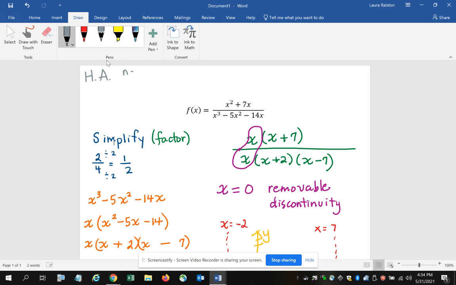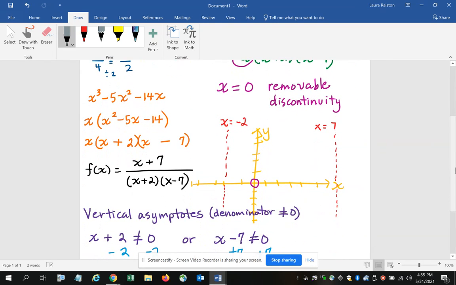The numerator, that highest exponent is 2. The denominator, the highest exponent is 3. Since 2 is less than 3, there is a horizontal asymptote, and it occurs at y equals 0, which is your x-axis. Okay, so there's also visually here a horizontal asymptote, and again, we usually dot that particular line in if we're drawing it by hand.